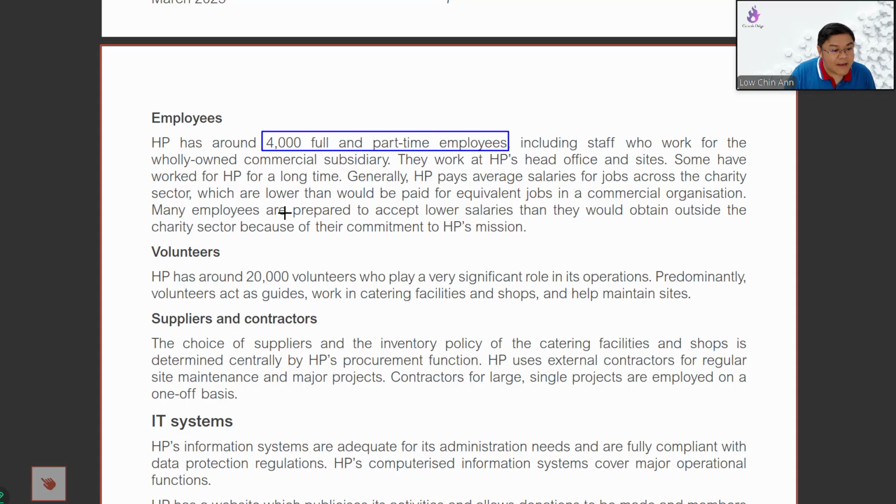And many employees are prepared to accept a lower salary than they would obtain outside because they know their mission, which again appeared to me as your corporate citizenship. Of course, you cannot use the word corporate because they're not a company, but their values and missions are important so that you can continue to get the support of your stakeholders.